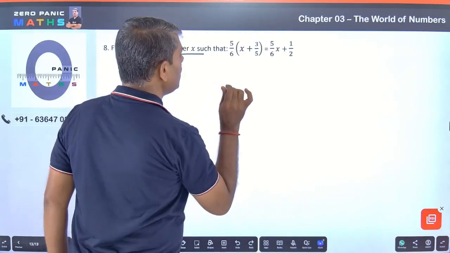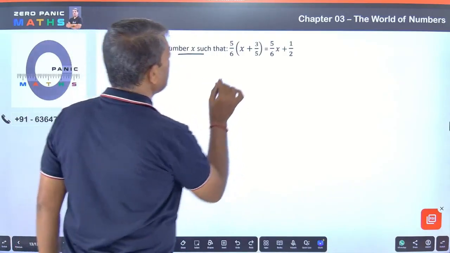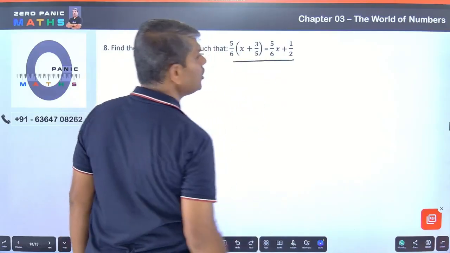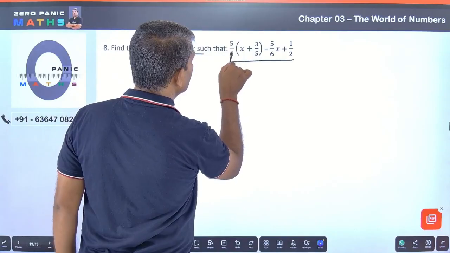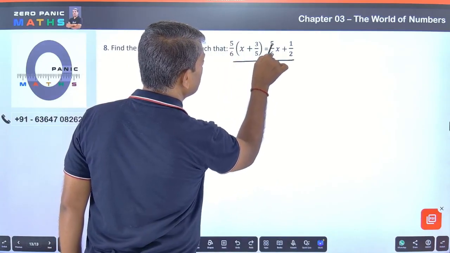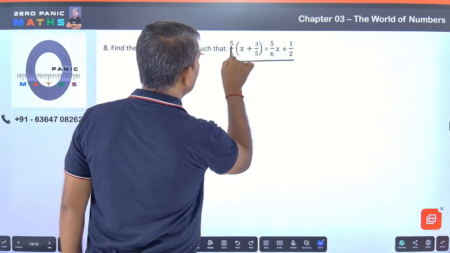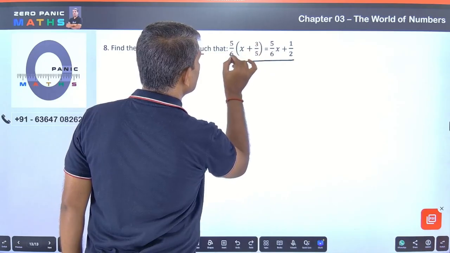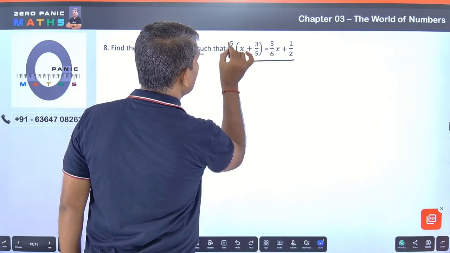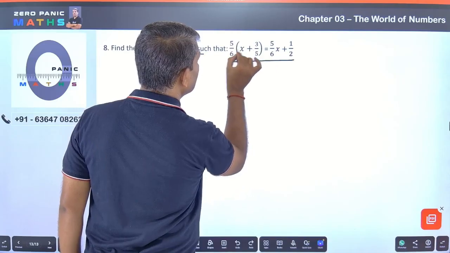Okay, now if you look at this problem carefully, this is also the distributive law only. You are seeing that 5 by 6 when it is multiplied to x, you are going to get 5 by 6 into x, and 5 by 6 when it is multiplied to 3 by 5, see, 3 ones and 3 twos will get cancelled, and 5 will get cancelled, and it remains as 1 by 2 only.